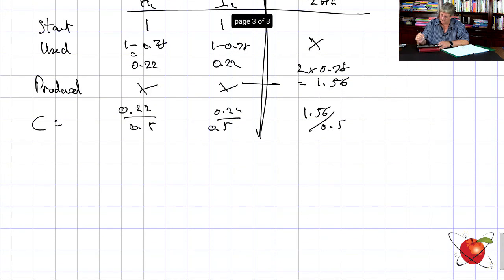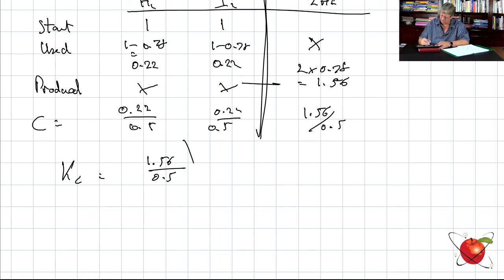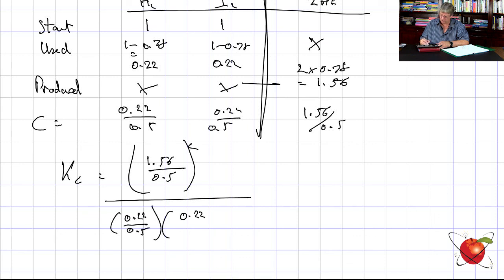Let's go back to Kc. Therefore, Kc is going to be 1.56 over 0.5 squared, divided by 0.22 over 0.5 and 0.22 over 0.5, and that gives me 50.2, which is close enough.